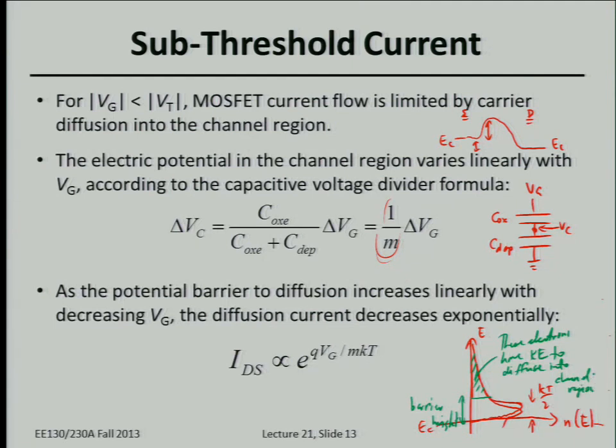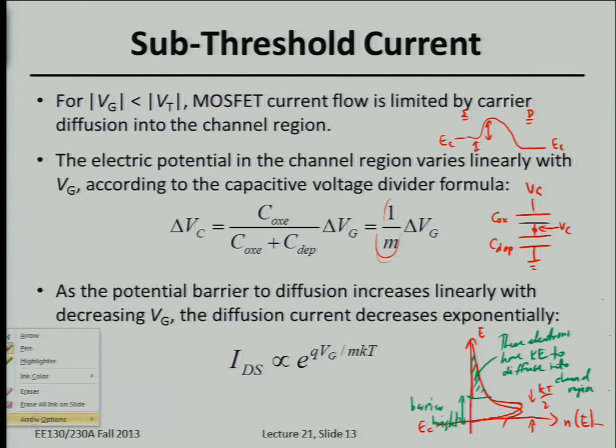Okay? So you basically can integrate the concentration of electrons as a function of energy for all these energies above this energy here, right? And that will tell you how much leakage current will flow. Okay. So as you change the gate voltage, what you're doing is you're changing the barrier height.